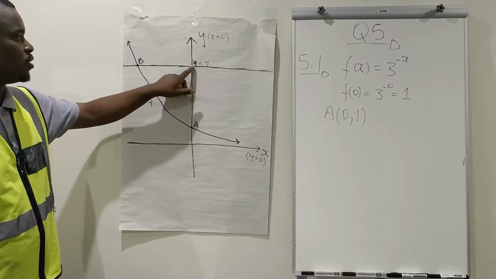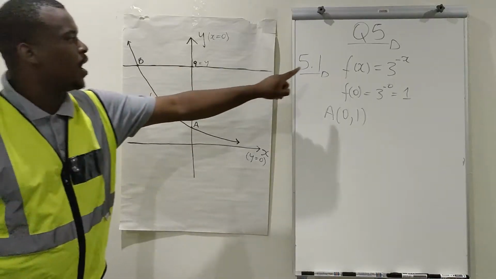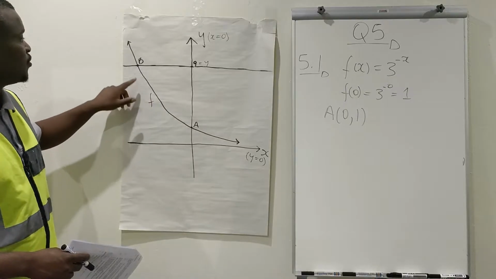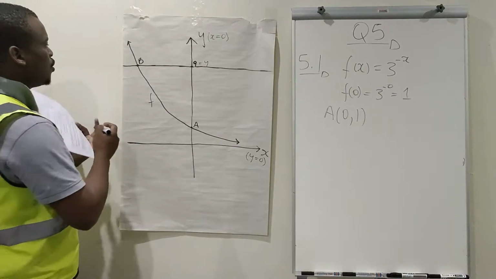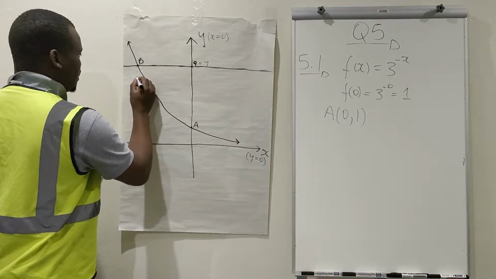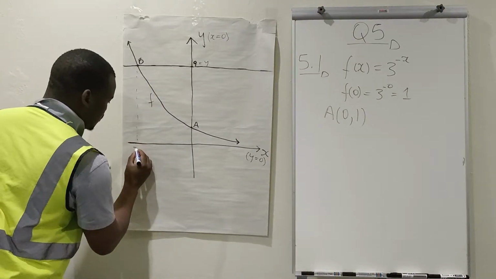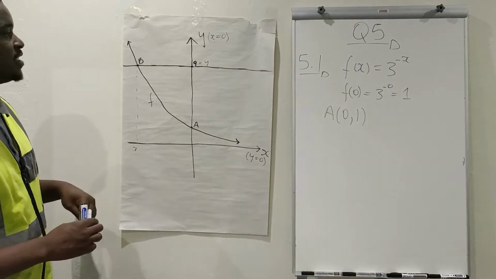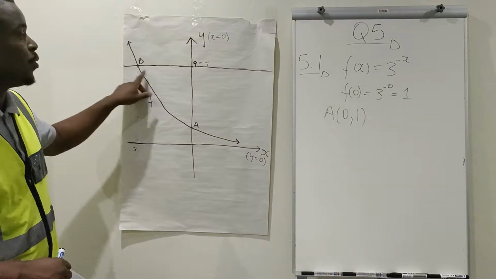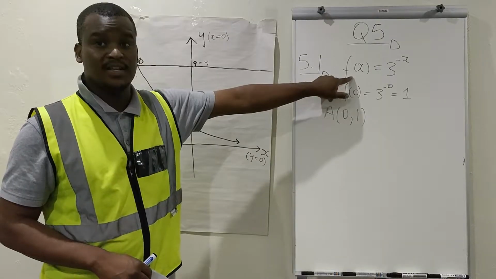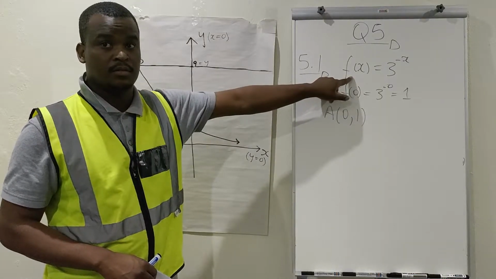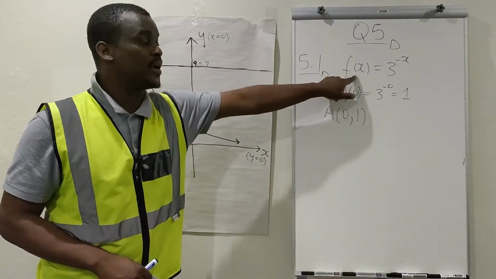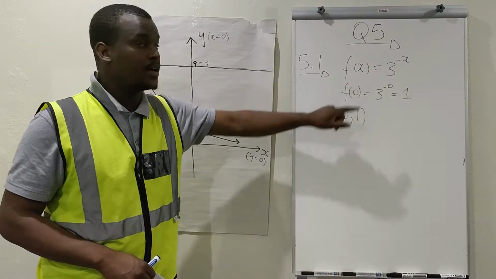So y is equal to 9, and the second y is equal to 3 raised to negative x, because f is equal to that. You don't know the x value there, right? So you can say that point B on f is defined by this function.